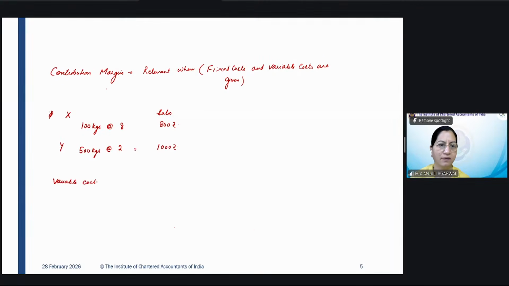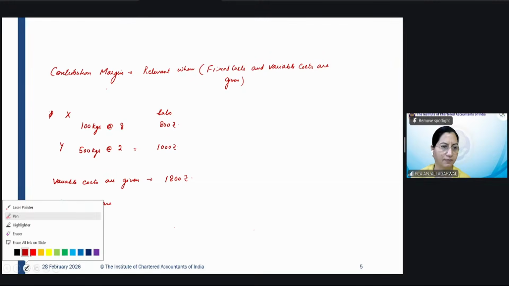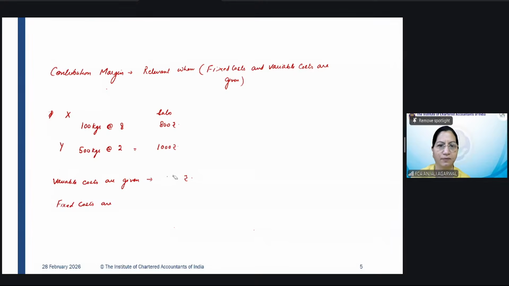Variable costs are given, for example, 900 rupees, and fixed costs are also given, 500.